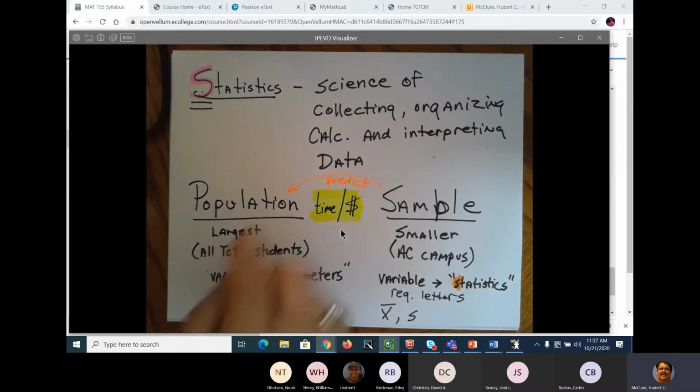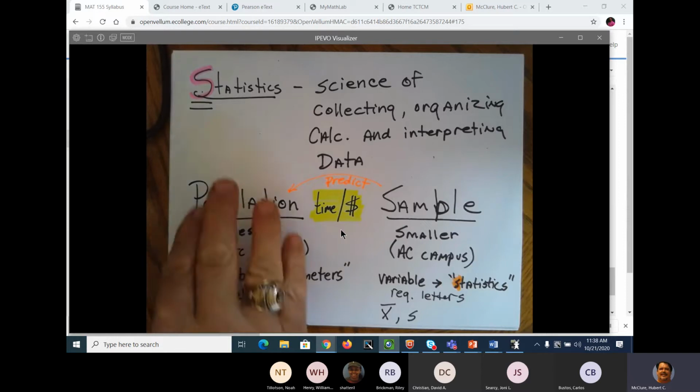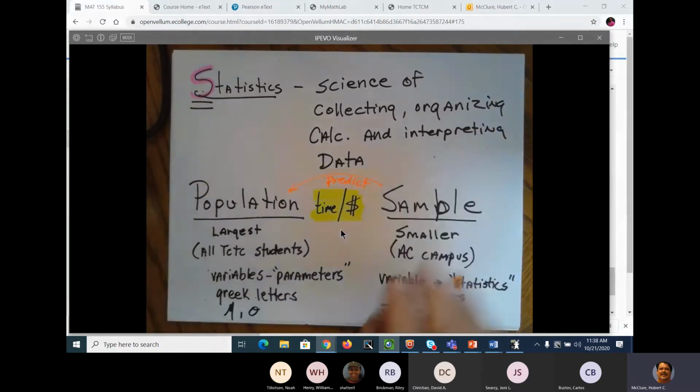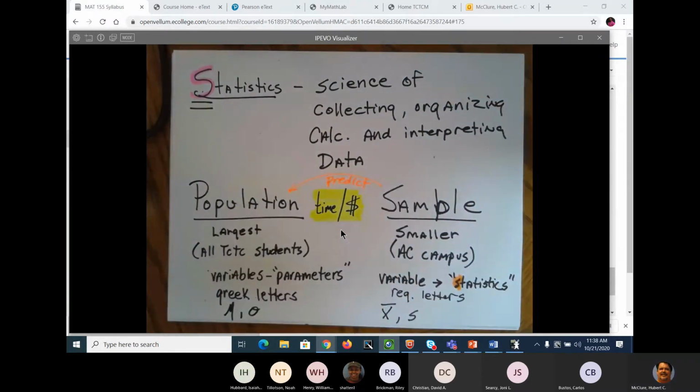So statistics in general is the science of collecting, organizing, calculating, and interpreting data. In statistics, you have the population and you have the sample. The sample is used to predict for the population. Formulas or equations that are used in the population and the sample have variables in them.